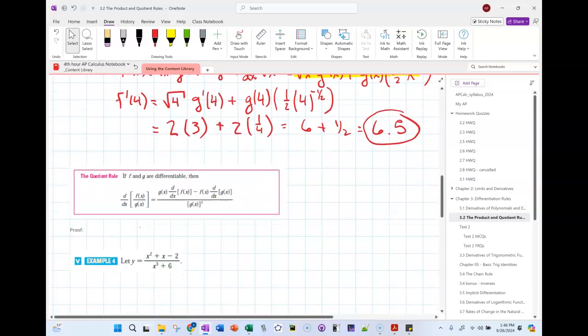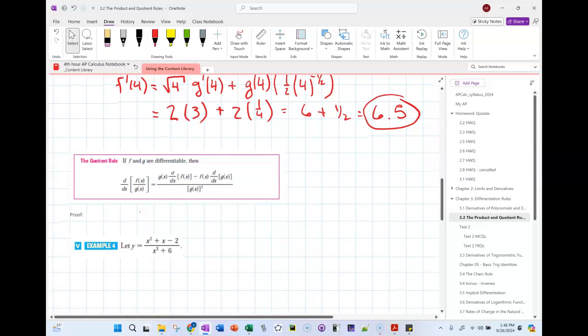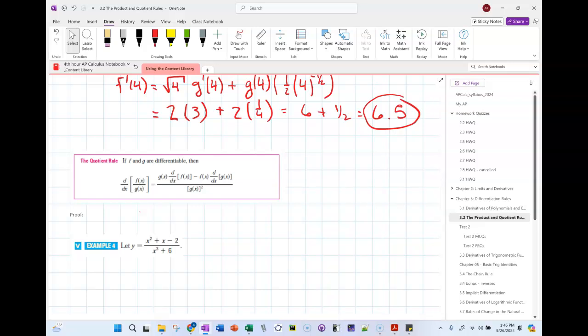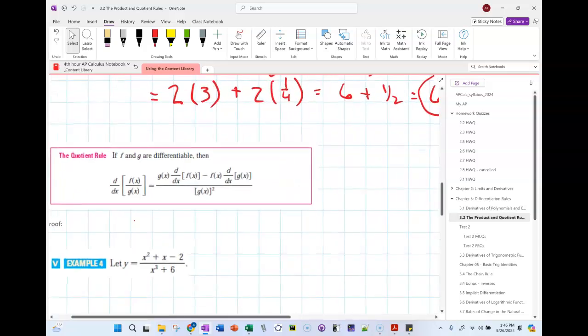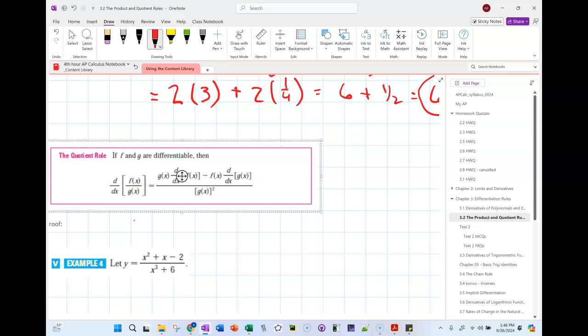All right. So if we have the product of two functions, we have a rule for that. We also need a rule then for the quotient of two functions. That's the quotient property. So the quotient rule says we have the bottom times the derivative of the top minus the top times the derivative of the bottom all over the bottom squared.